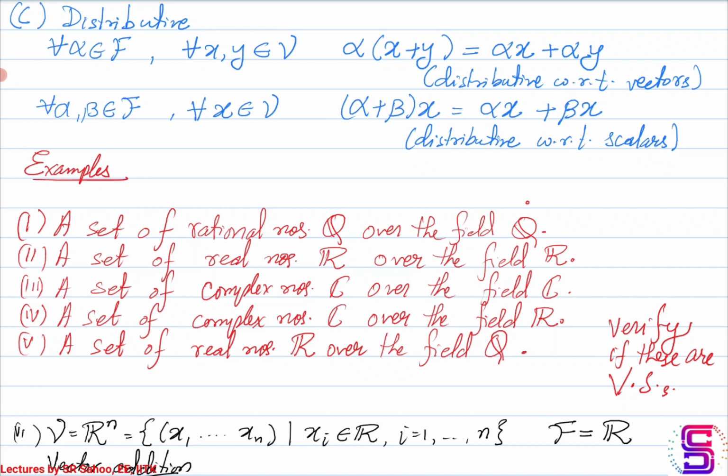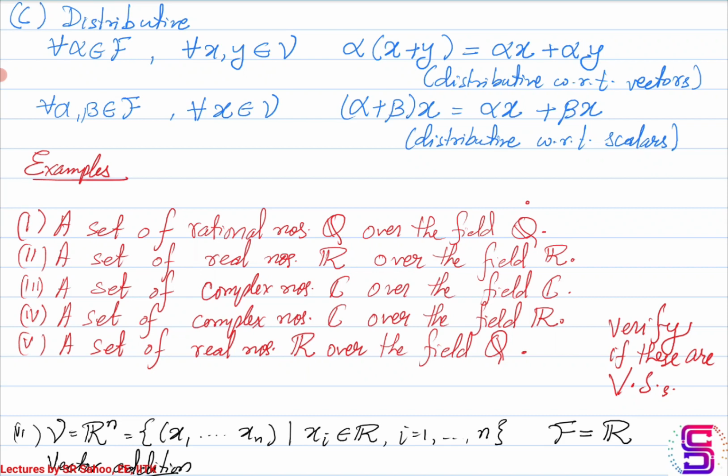Okay, so the set of rational numbers, when the field is considered to be rational, definitely qualifies to be a vector space. Similarly, a set of real numbers over the field of reals, a set of complex numbers over the field of reals, or a set of complex numbers over the field of complex numbers is also going to be a vector space.